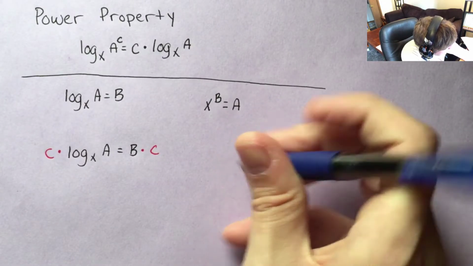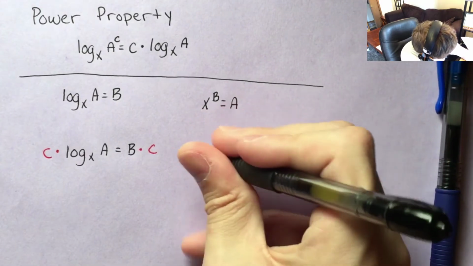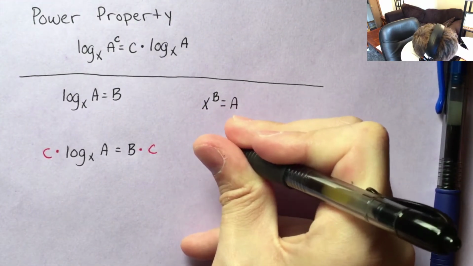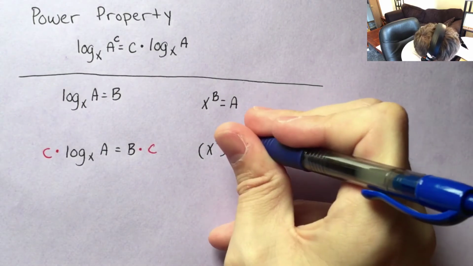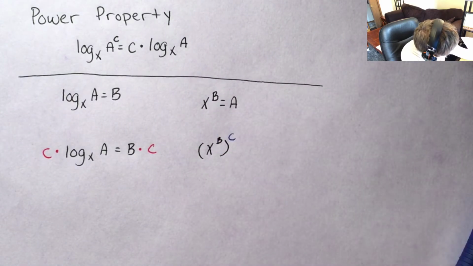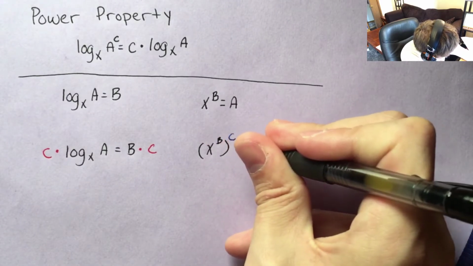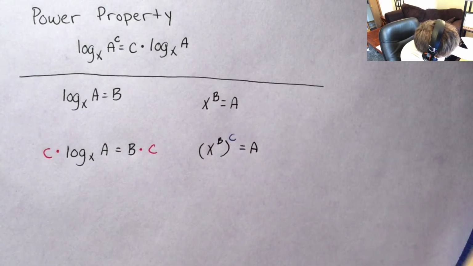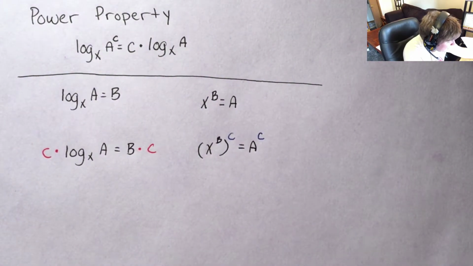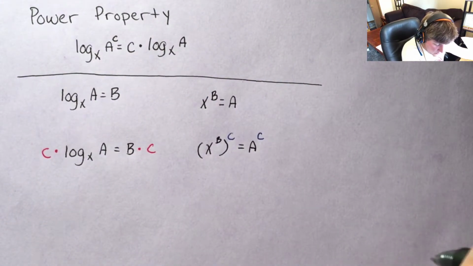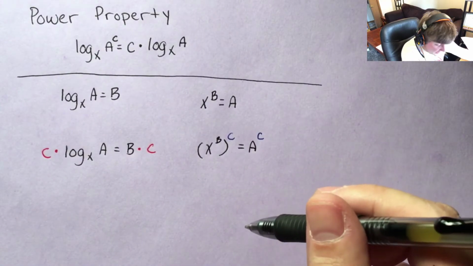What if I take x to the b power and raise it to the c power? If I raise one side to the c power, I have to raise the other side to the c power as well. From that, we can derive some important stuff.